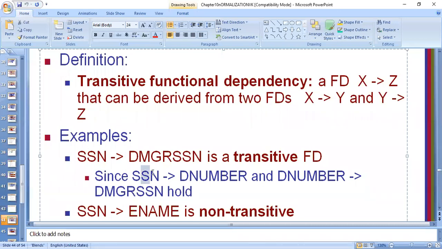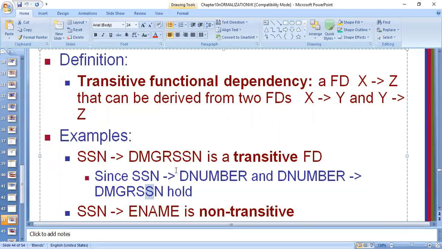Why is this particular employee managed by another employee? Because this employee works for one particular department, and that department is managed by the other employee, the manager. That is why X is managed by Y. Suppose SSN is X and this is Y. Because X works for a department and that department is managed by Y, indirectly X is managed by Y.